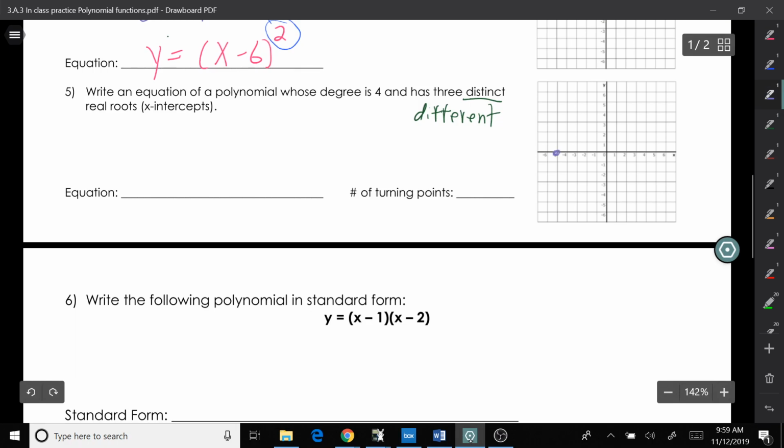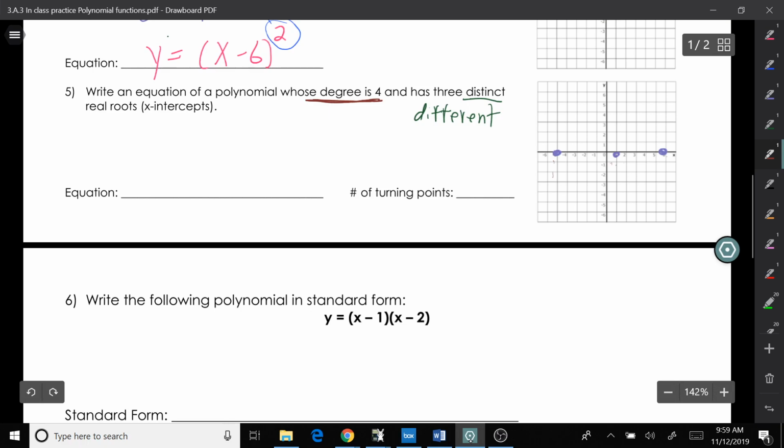I'm just going to go randomly 1, 2, 3. Now, a 4th degree function means that if I were to write it out in intercept form, we must have 4 sets of parentheses. Right now we only have 3 zeros.